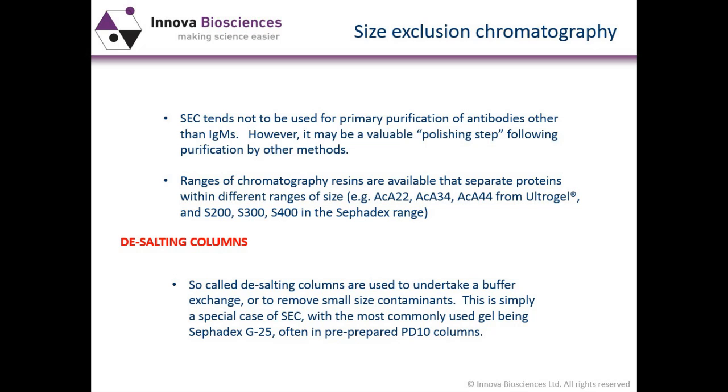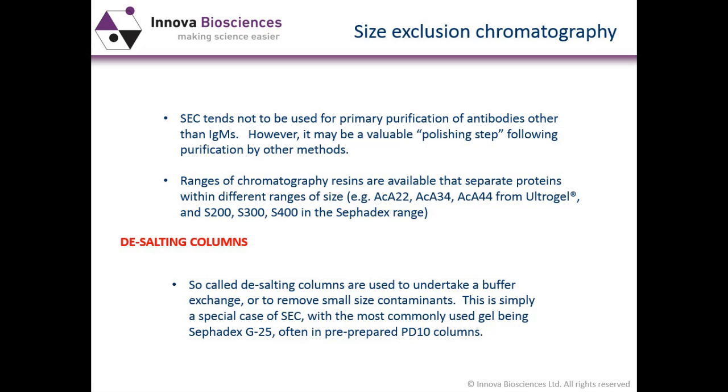So you might want to change an antibody from one buffer to another. By passing this down a particular size of size exclusion column, you can change the buffer because those small molecules are held up on the column whilst the larger molecules, the antibody, moves straight through. And that allows you to do a buffer exchange.